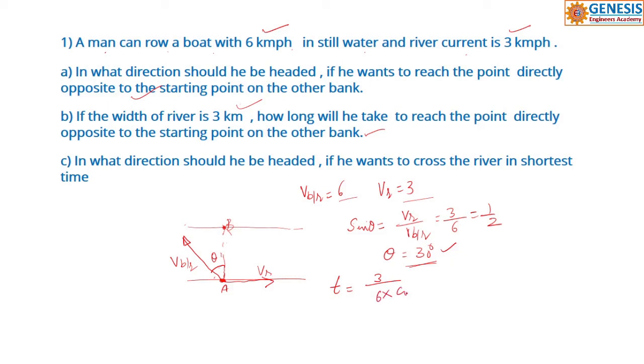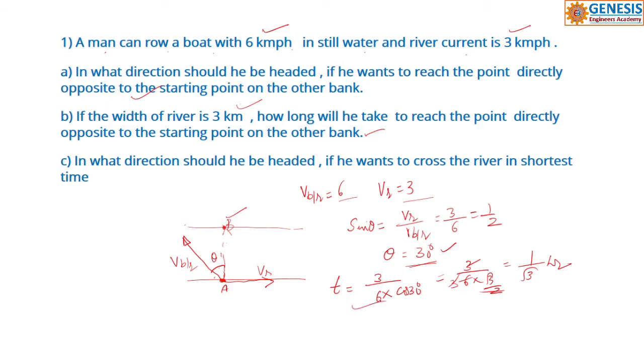So this is 3 by 6 into root 3 by 2. The 3 gets cancelled. It is 1 by root 3 hours. This is the time taken by him to reach that place, exactly opposite. So I have used the time here also.